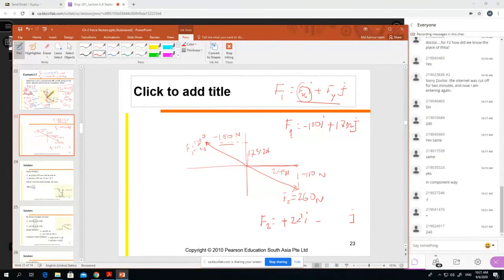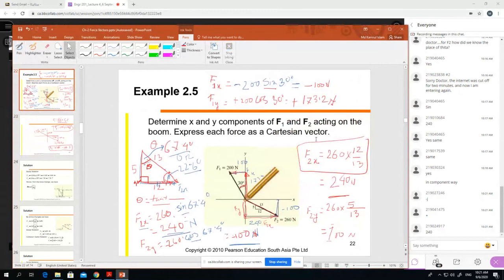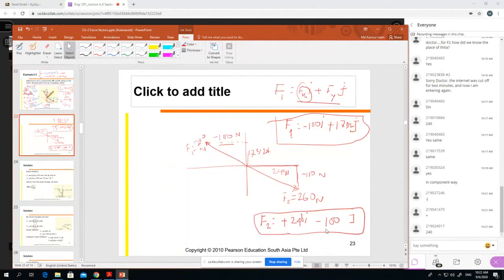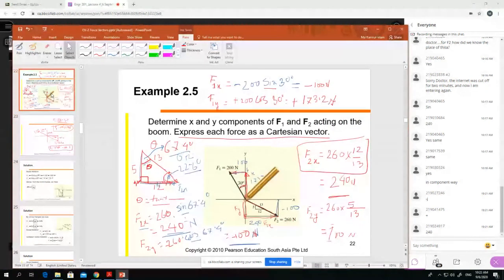This component 240, and this component is minus 100. So this is the Cartesian form. They asked us the question here: express each force as Cartesian vector. So I will express it in the Cartesian vector, right? Now, one question. All right, are you clear now?